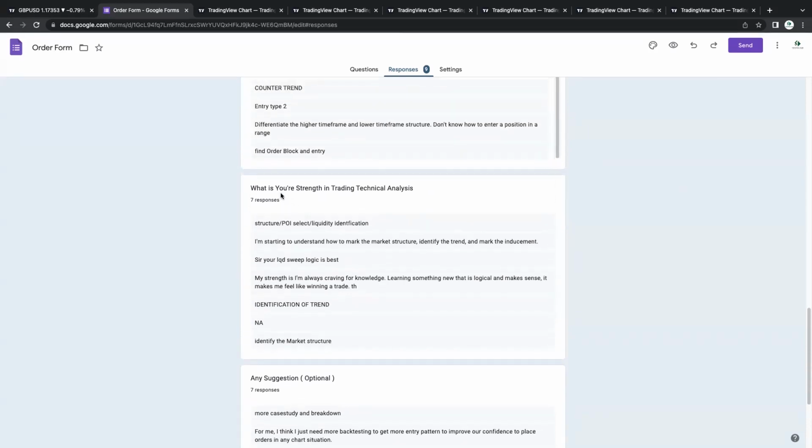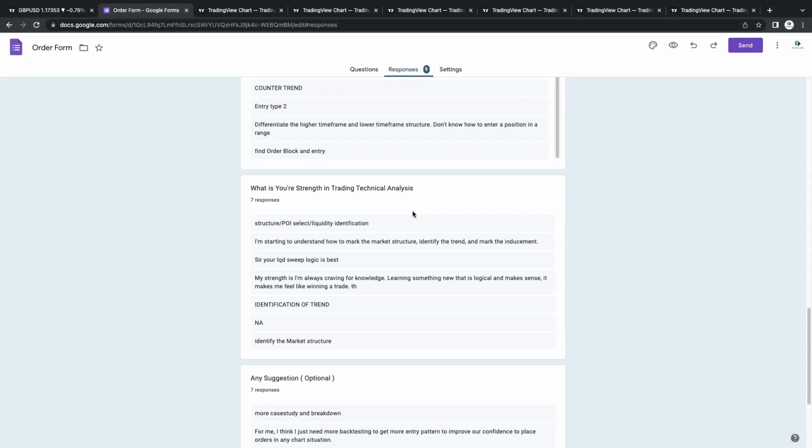The next one is: what is your strength in technical analysis? Okay, structure, POI selection, liquidity identification, which is very good. Okay, I'm starting to understand how to mark the market structure, identify trend, and mark the inducement. Perfect. This is good because structure and inducement are important.